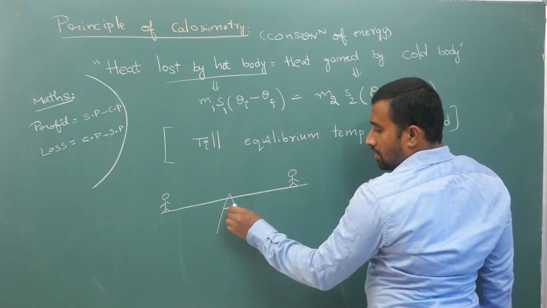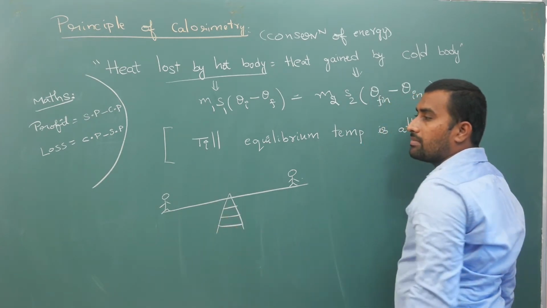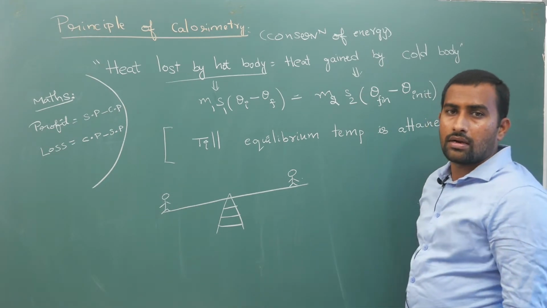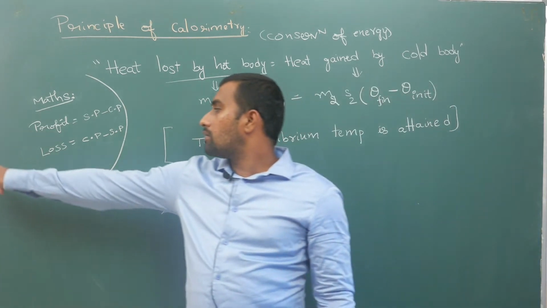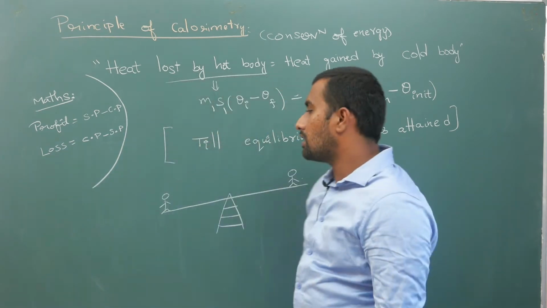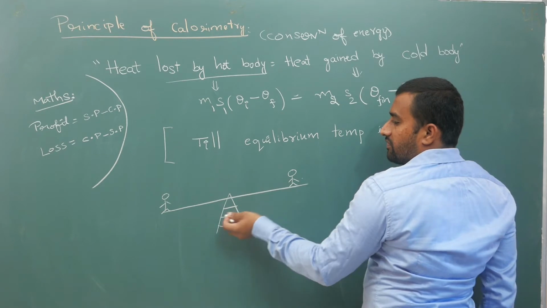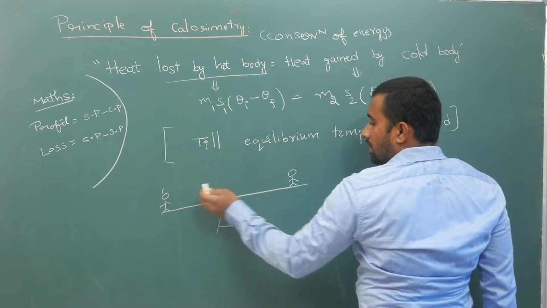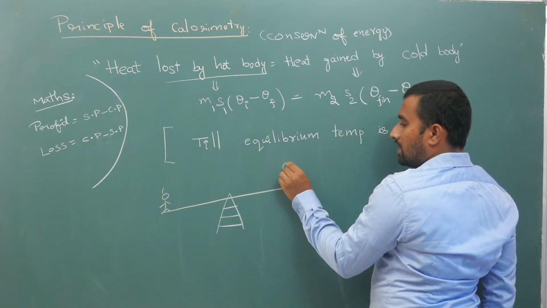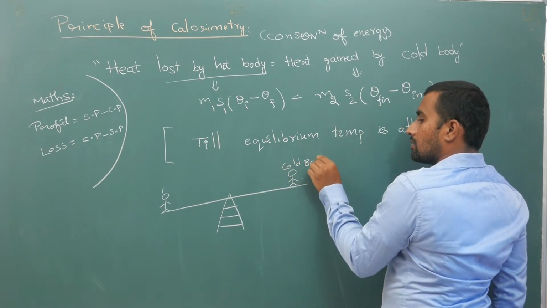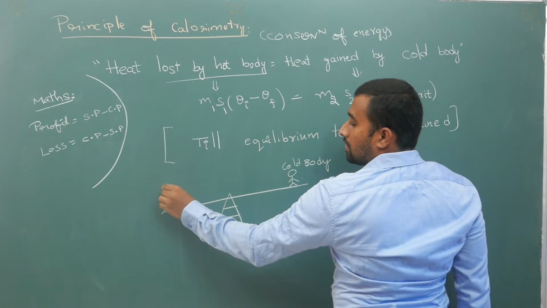Now if there are steps in the middle, for both persons to save themselves, I will name this one as the cold body and this one as the hot body.